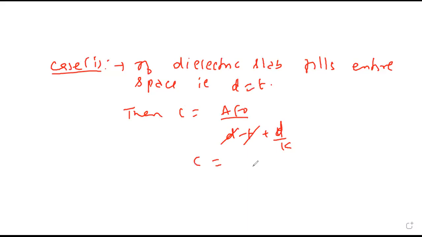So it will become A epsilon naught upon d by K. That is nothing but A K epsilon 0 by d. So if dielectric is filled in the entire space, then A K epsilon 0 by d, case 1. This we have derived separately also.